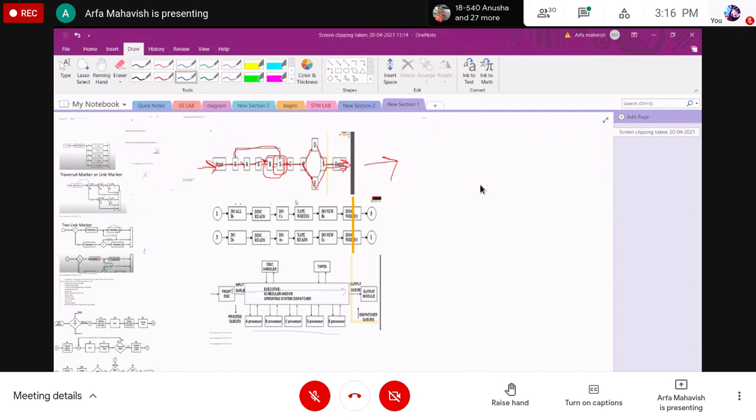So here what you are doing is, if the processor is processing, then it is transferred to the examination, and it will check whether it is processing properly or not.